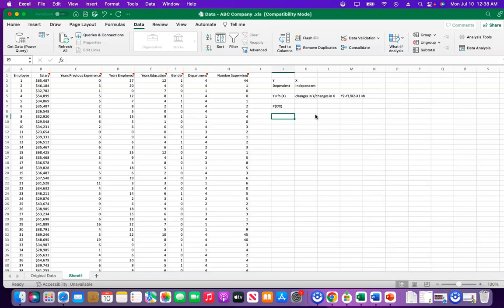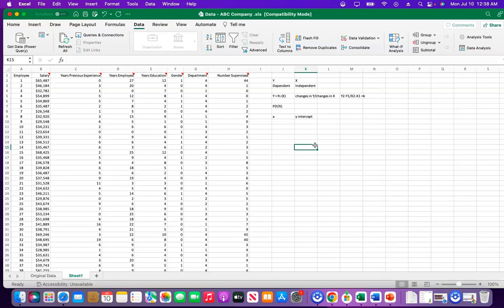It is important to note that there is a value of y that will occur regardless of whether x changes. We can call this value a, or the y-intercept. A good example of this is salary.